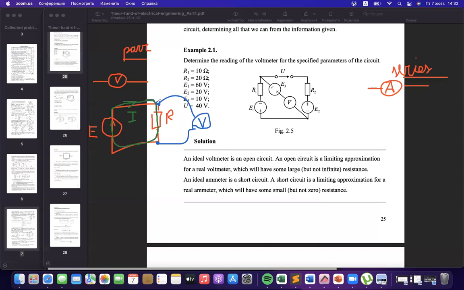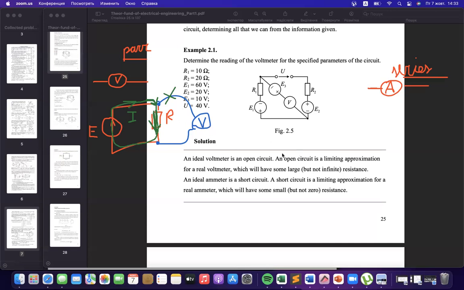That means when current reaches the point of connection, almost 100% of current should flow through the resistor and shouldn't flow through the voltmeter. Because if current flows through the voltmeter, the voltage will decrease on the resistor, and the voltmeter will show smaller voltage than before the connection.